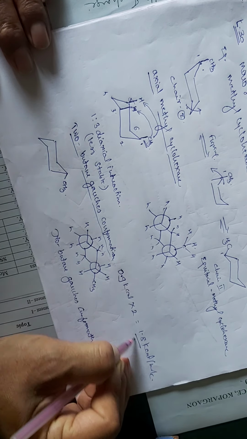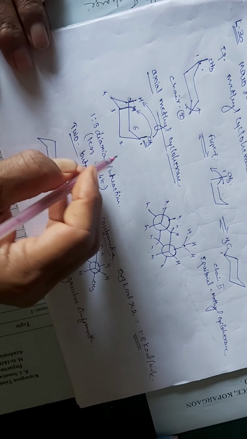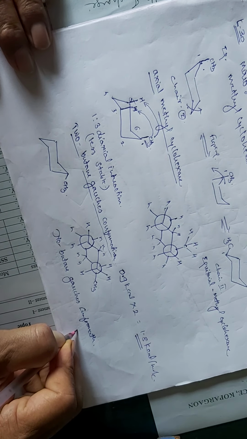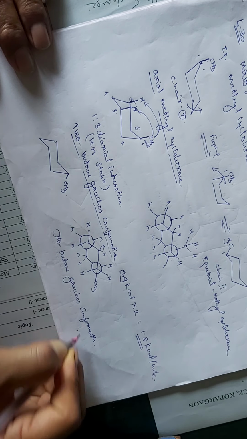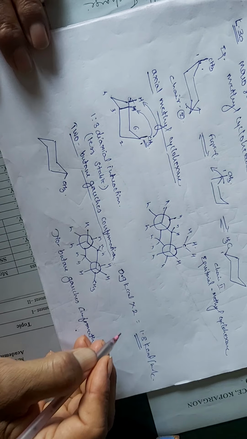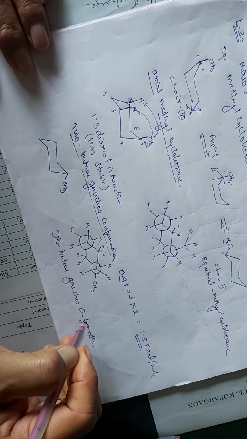That is the internal energy of the axial methyl cyclohexane, which is not seen in the equatorial position, and that's why equatorial methyl cyclohexane is more stable than axial methyl cyclohexane.